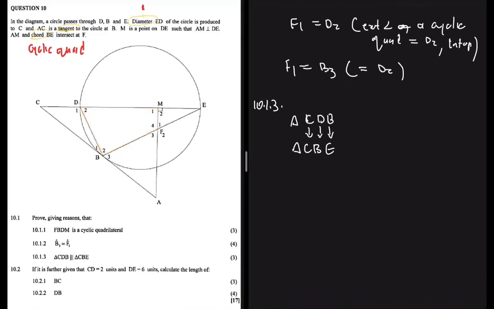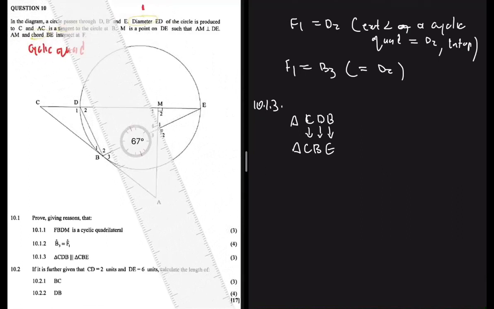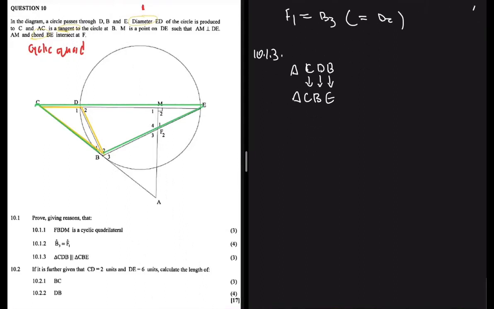So let's draw the triangles so that we can have a bit more clarity, right? Now we have more clarity on our triangles. So let's go ahead and start. Before you go any further, you will realize that angle C is equal to angle C on both triangles, right?